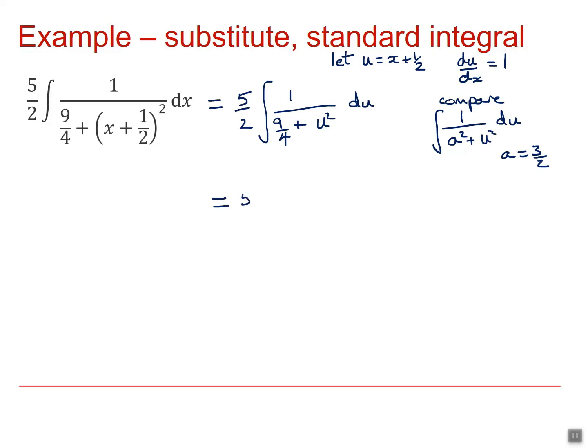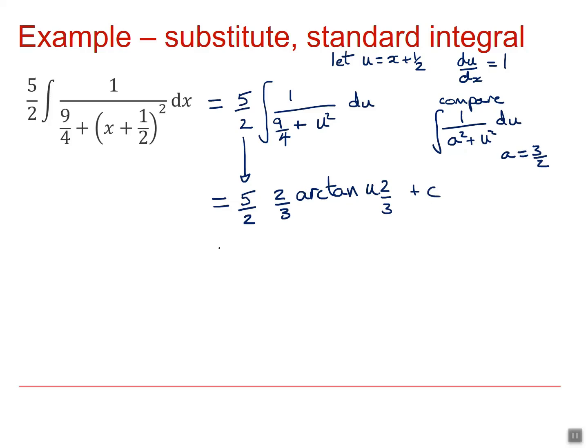I need the 5 over 2 copied through from here, and then the result here is 1 over a, so that's 2/3. Inverse tan, so that's arctan u over a, so that's u times 2 over 3. And that's plus a constant.